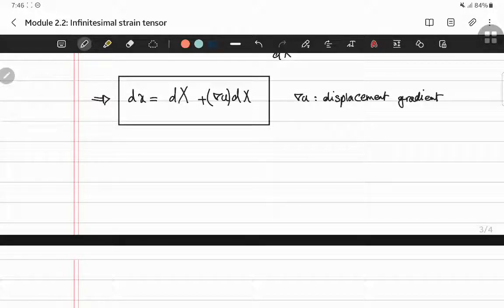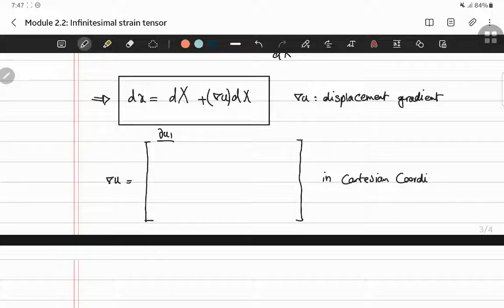So basically del u is nothing but you have a vector here, u, and this u is a vector. So you have u1 in the Cartesian coordinate system, of course. Partial derivative of u1 with respect to x1, u1 with respect to x2, u1 with respect to x3.